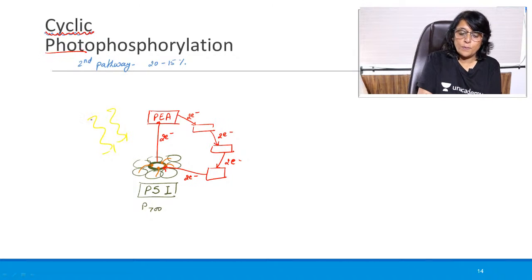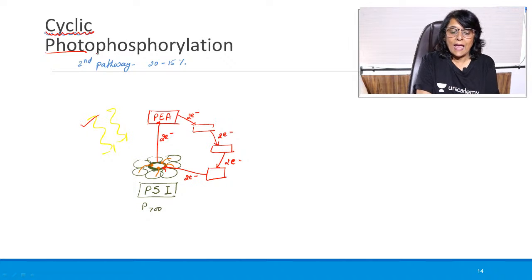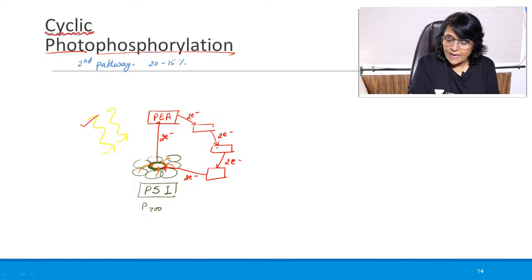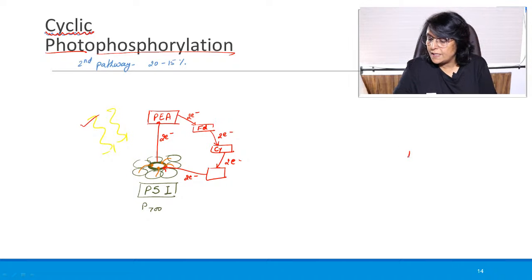It is photo because light is required, and there is phosphorylation. Now when this electron comes down the gradient from higher energy level to lower energy level, again this is FD. FD stands for ferredoxin.